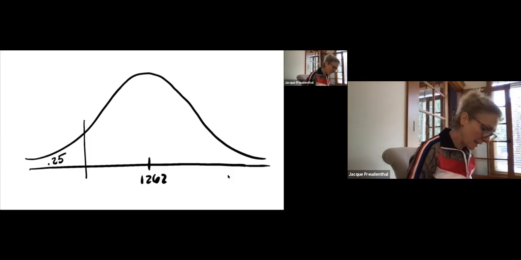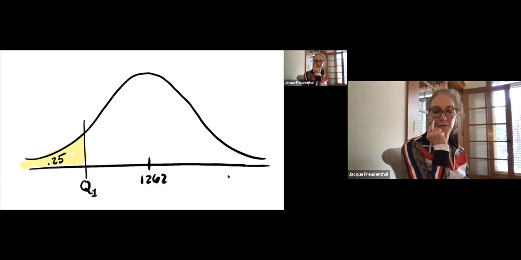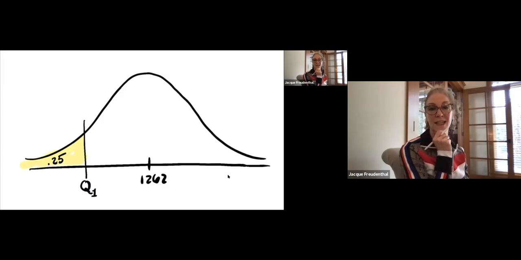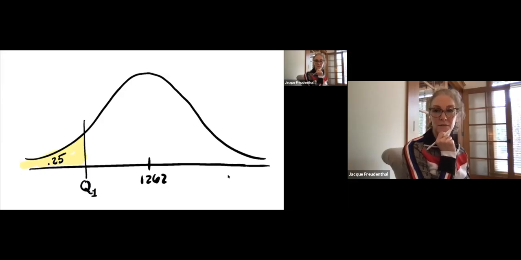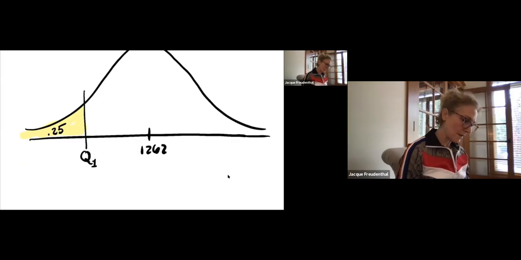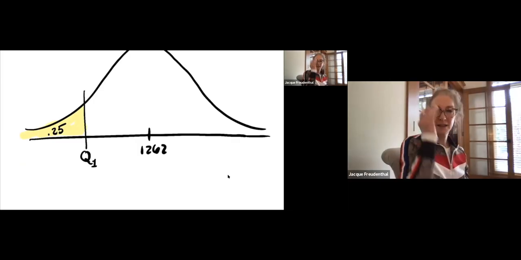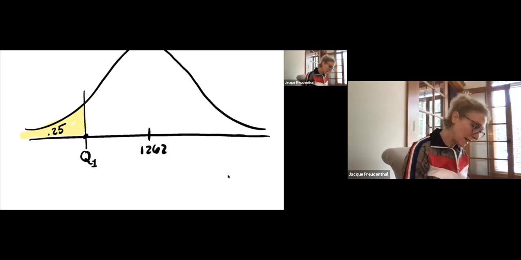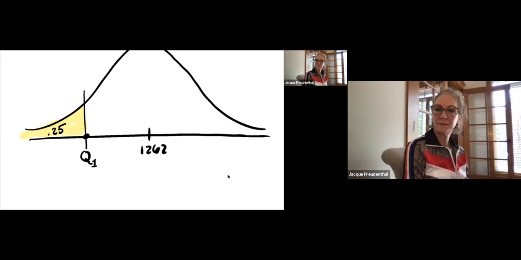by shade, 0.25 area, I know that that's the first quartile because it's the 25th percentile. So how am I going to find that? I need the location and I'm given the area. So you can use your inverse norm or you can go to your StatCrunch.